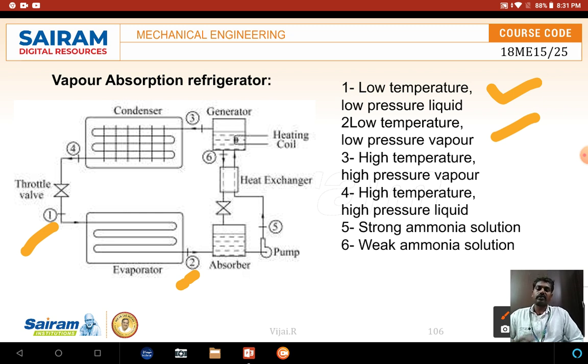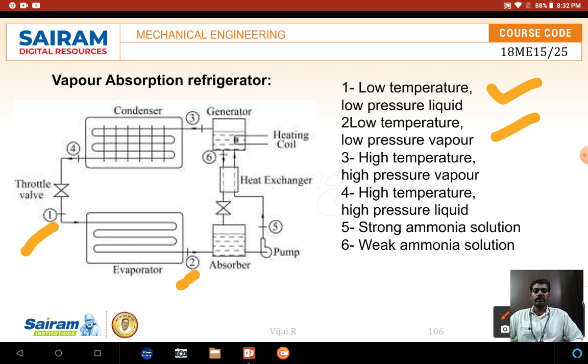After entry into the evaporator chamber, the final output is the low pressure low temperature vapor. This vapor goes to the absorber, and then we can see how the other parts function.